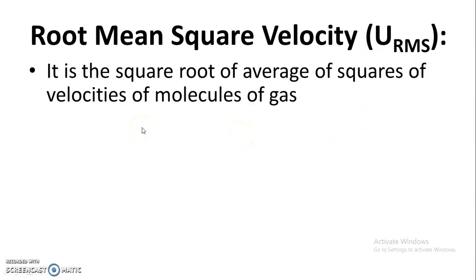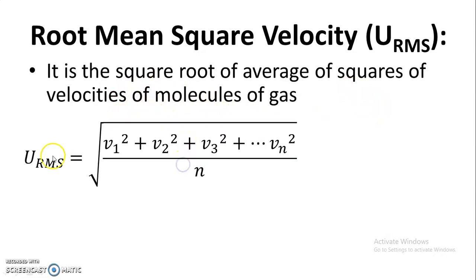Definition of root mean square velocity is, it is the square root of the average of squares of velocities of molecules of a gas. It is called root mean square velocity. And it is given by the formula under root v1 square plus v2 square plus v3 square plus v4 square and so on up to vn square, upon n.